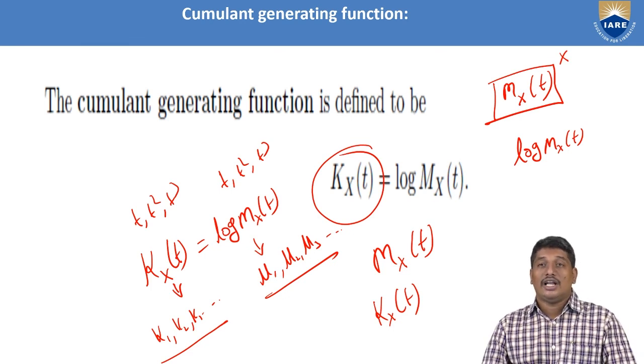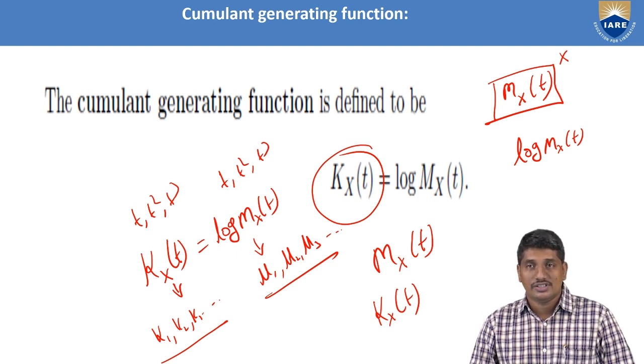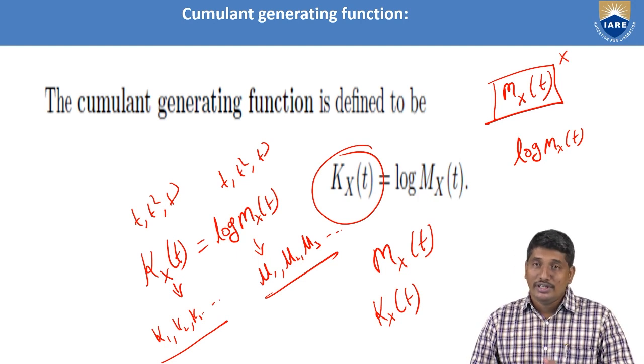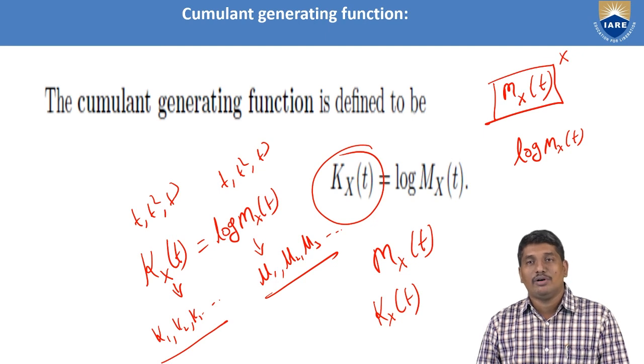With this, I'd like to conclude the lecture on moments, skewness, kurtosis, moment generating function and cumulant generating function of a continuous random variable. In today's lecture, we have discussed what is a moment generating function of a continuous random variable, how moments can be generated with the help of MGF, and also we have seen the MGF of famous distributions: binomial, Poisson, and normal.